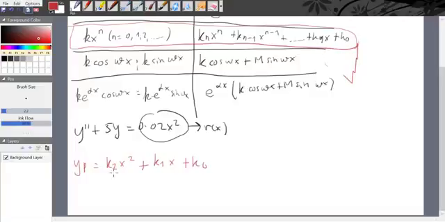So we have yp equals k2x squared plus k1x plus k0.